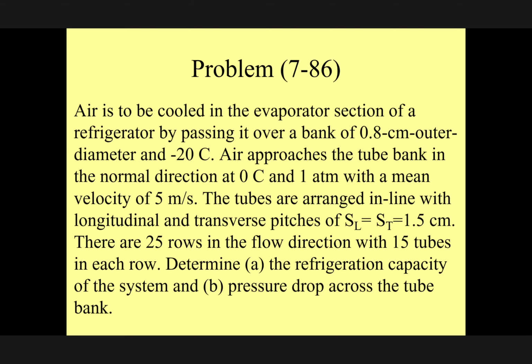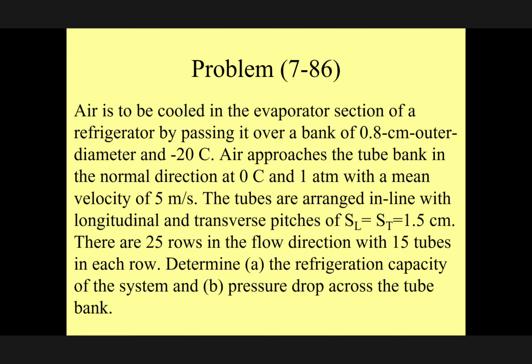As we mentioned before, when we're dealing with a bank of tubes, we know the velocity is 5 meters per second, but this is before reaching the tubes. When the air passes the tubes, the area will change. As the area changes, the velocity will change, and the velocity becomes maximum.